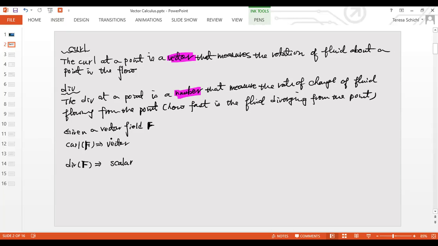We also introduce an operation, the upside-down triangle, which we call the del operator.